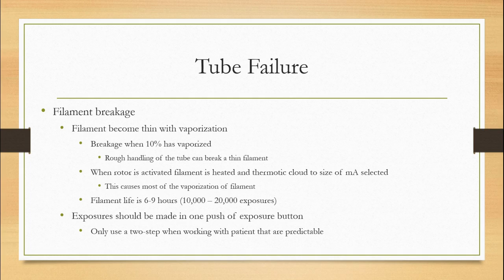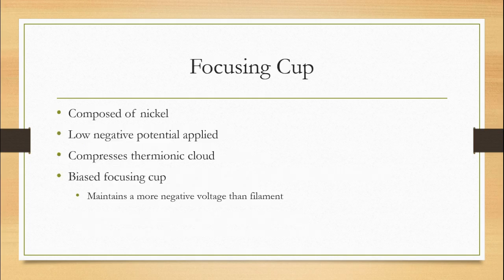Now it has safety mechanisms. If you just hold down the rotor button, you are vaporizing and wearing out your filament. The filament life is 6 to 9 hours or 10,000 through 20,000 exposures. So make sure when you are making an exposure, you push it all the way down in one sweeping motion instead of just letting it sit there vaporizing.